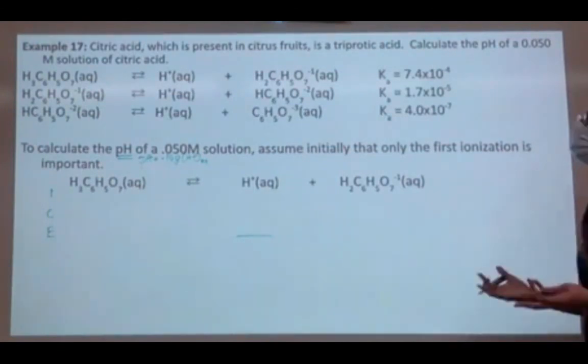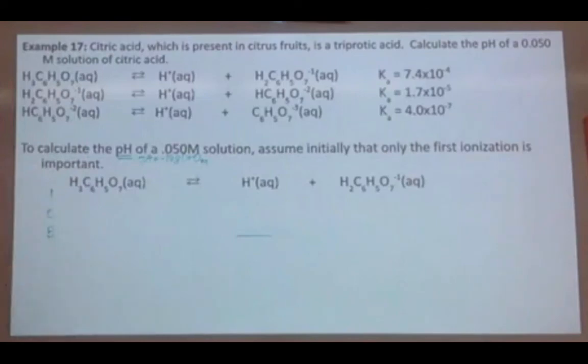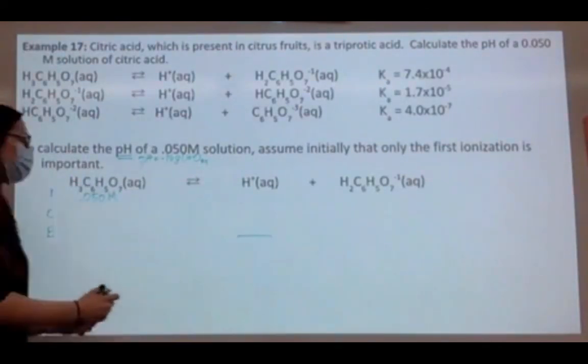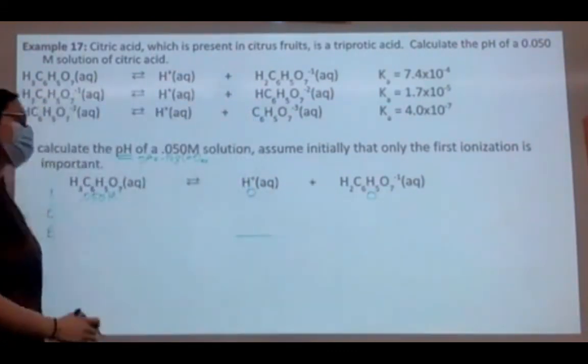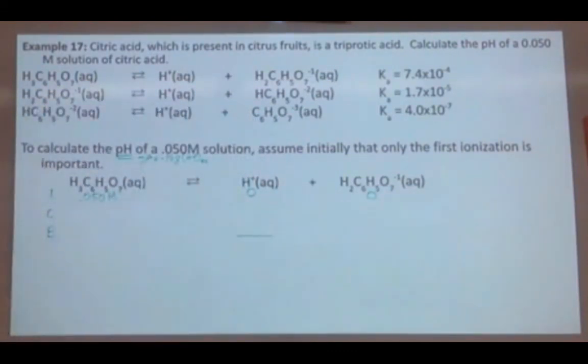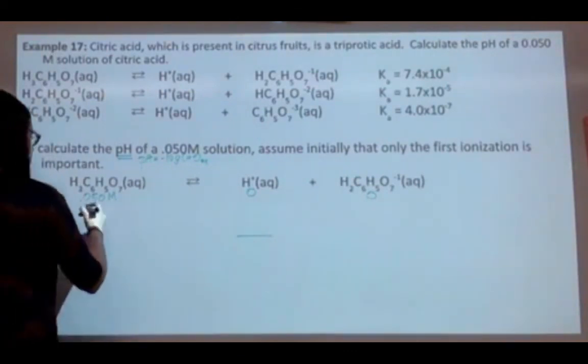So then we plug in what we know. Even if you can solve without it, it's a very good strategy to always use an ice table. 0.05 molar, 0, and 0. They didn't give us anything else. They didn't give us pH, which tells us H plus at equilibrium. They didn't give us anything else to plug into the ice table, so we need X's.